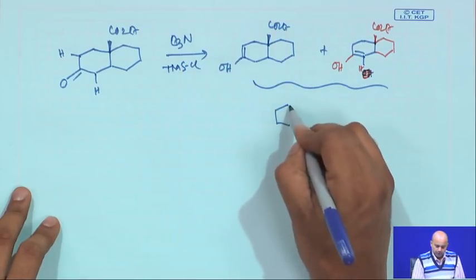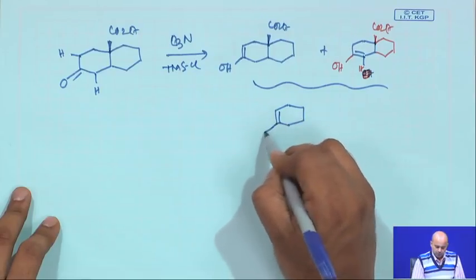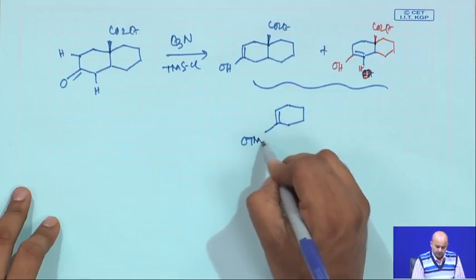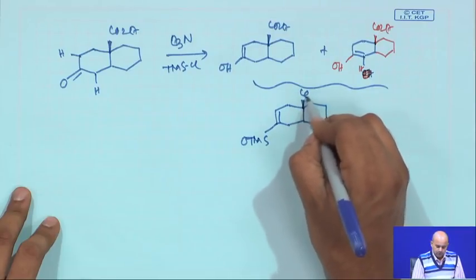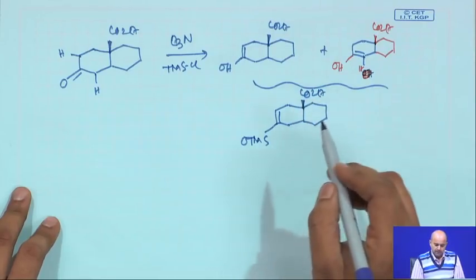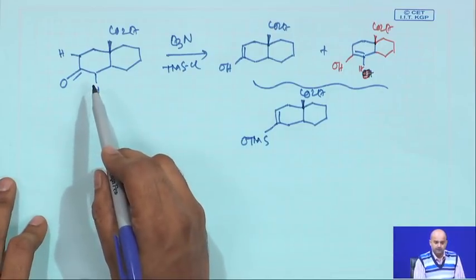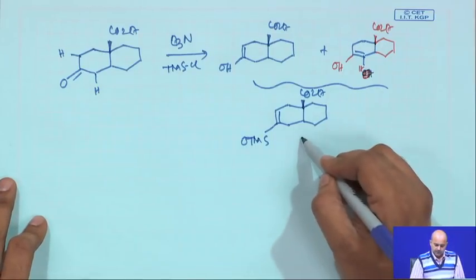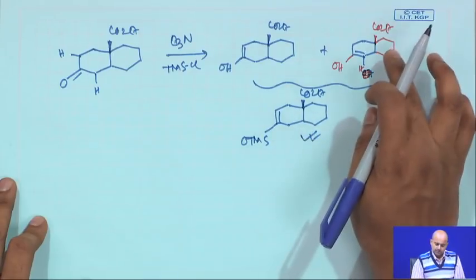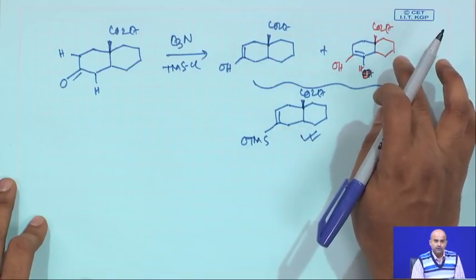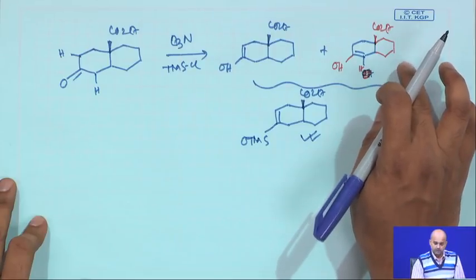So, in principle you should get 2 of the enol ethers. Now, I do not know which one will be major and which one will be minor. As per our synthetic pathway we need this one. So, just keep this enol, but remember the other enol is also a probable reaction product.